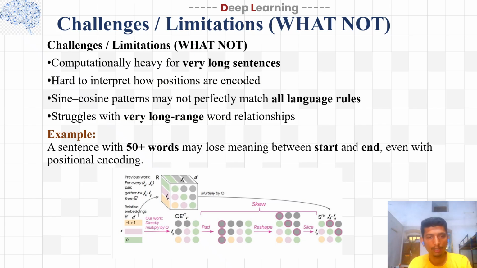For example, with a sentence of 50-plus words, it may lose meaning between start and end, even with positional encoding. So for a very long sentence, it keeps the sequence of the last few words, not the first to last.